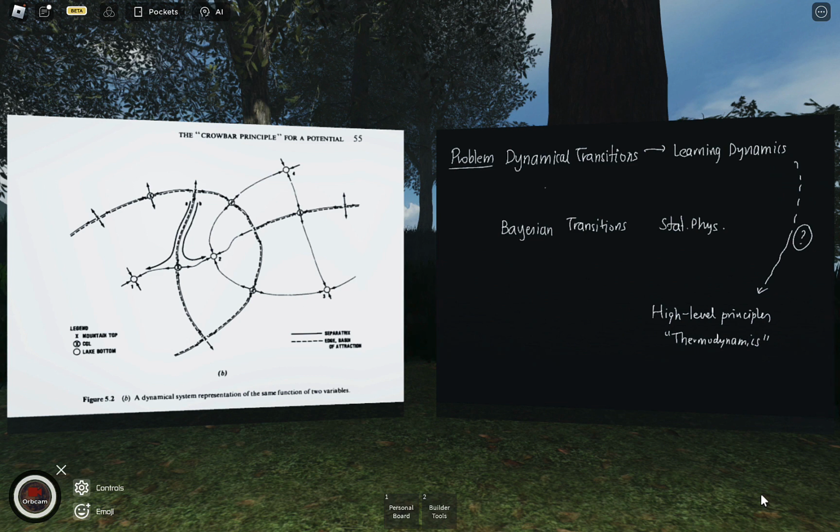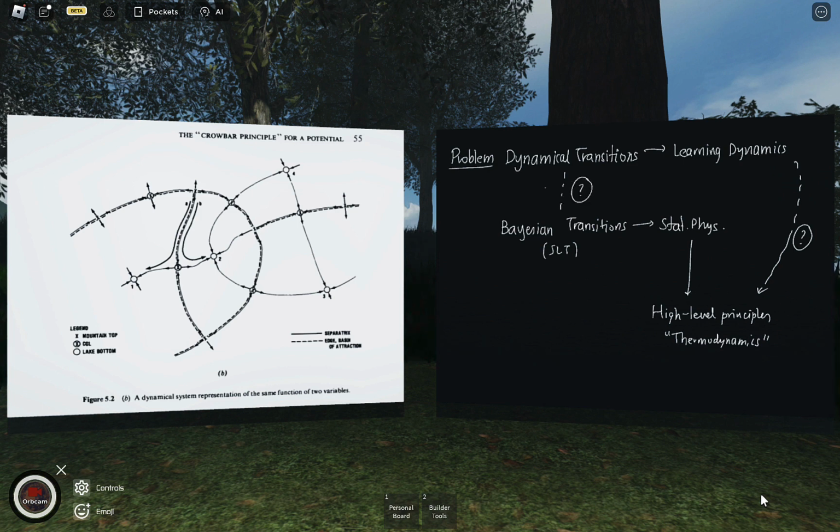And it's not clear how learning dynamics, as people are doing it, would make some link to statistical physics. On the other hand, Bayesian transitions in SLT have a very clear link to statistical physics, and that in turn has a very clear link to high-level principles. I'm not saying those links exist, but it's very clear how you might go about pursuing them.